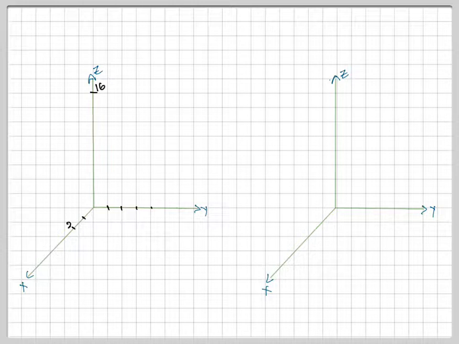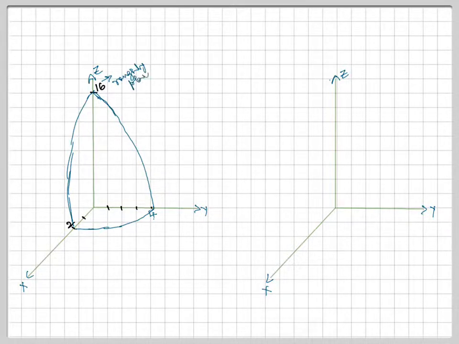So x is intercepted at 2, y is intercepted at 4, and z is intercepted at 16. So let's graph this in the first octant, and this is what we get for the surface in the first octant.